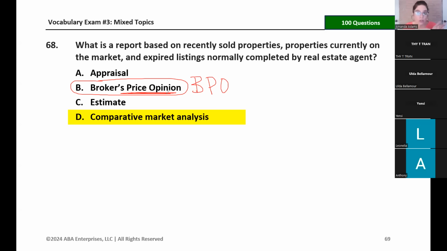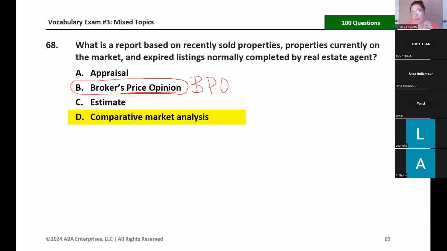It's called a broker's price opinion. So you normally pay them to do it, about $250, $300. And the local broker will go there and take pictures of the property and ask about the rent and just kind of form their idea about how much they think the property is worth.